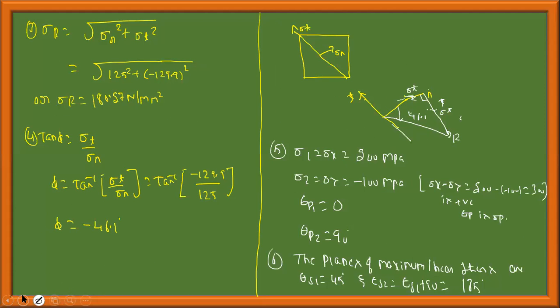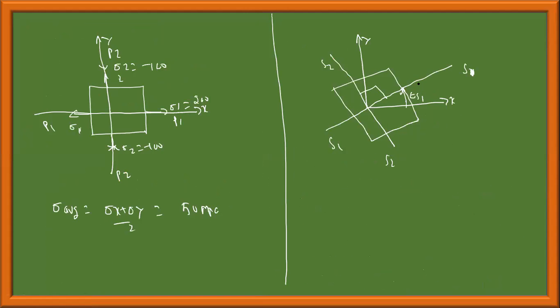It rotates the S1 face in clockwise direction. Sigma average is 50 MPa, tensile.